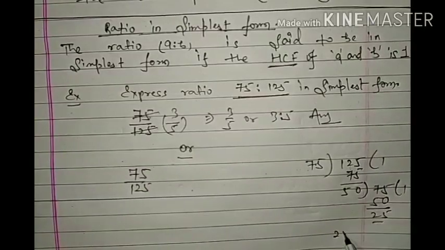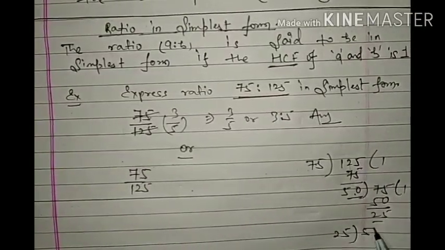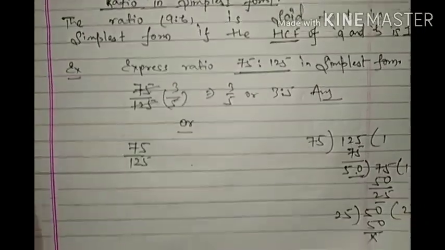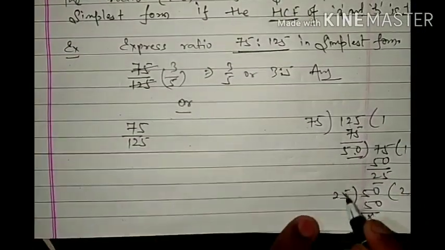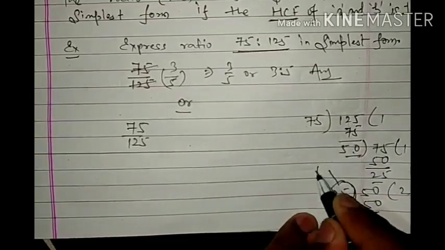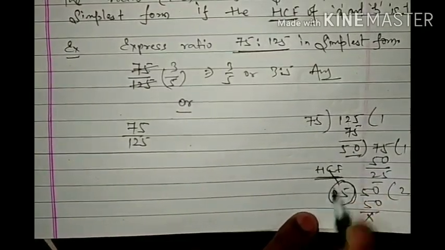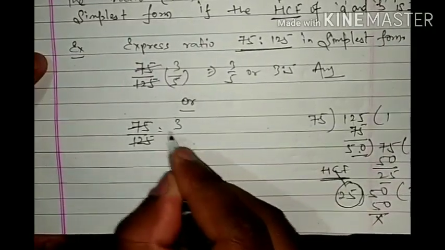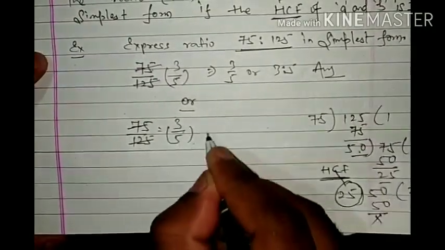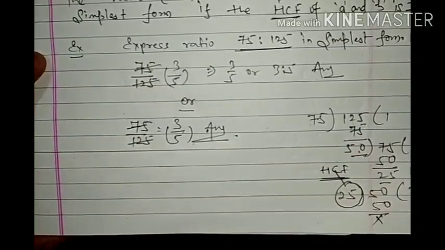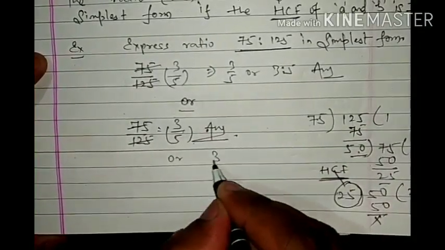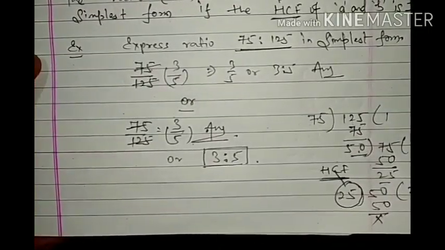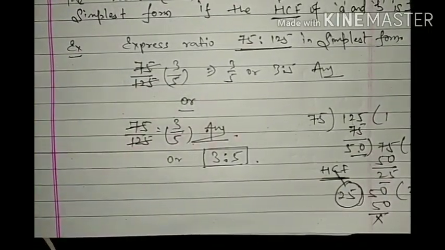I am solving here. 25 will divide 50. 25 2s are 50. What is our HCF? 25 is our HCF. So we will divide with which number? 25. 25 3s are 75 and 25 5s are 125. This is our answer. Or we will write 3:5. Probably this is the best way because we are studying the chapter ratio.